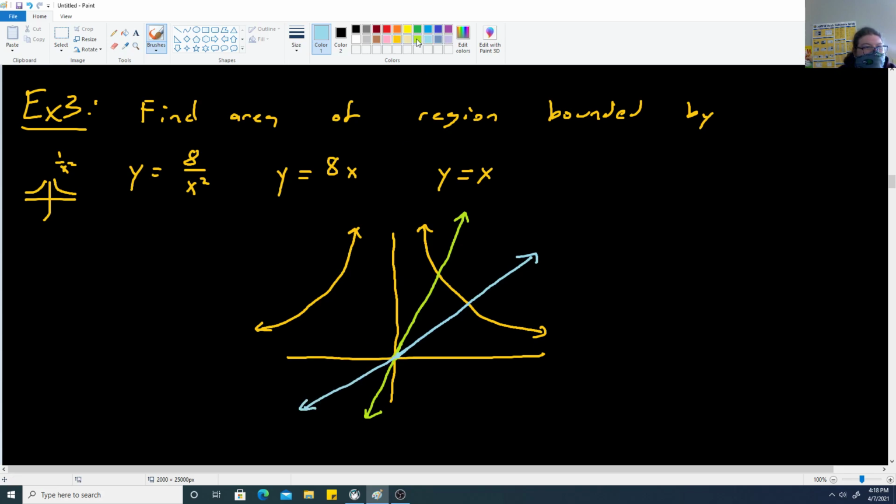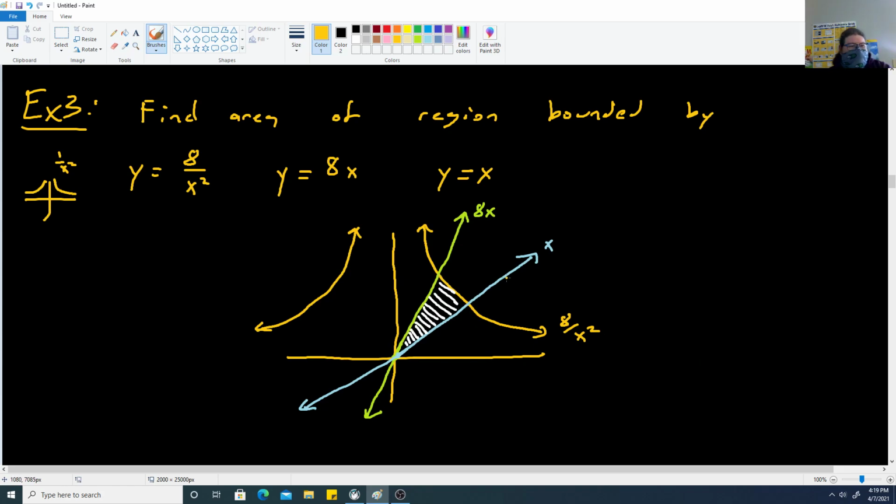So the region they're wanting us to find the area of is this kind of triangle shape. That sort of has the 8x line at the top initially, and then it switches to the 8 over x squared line being on top for the second part.